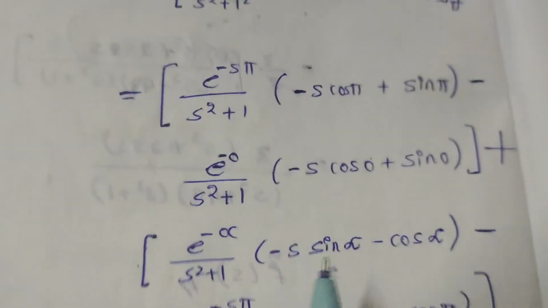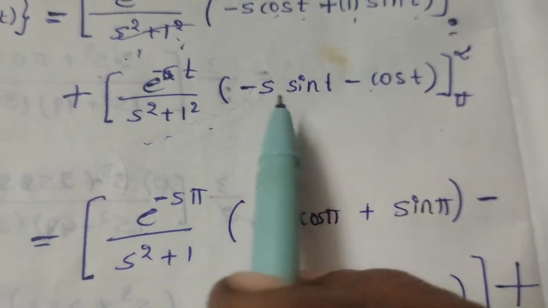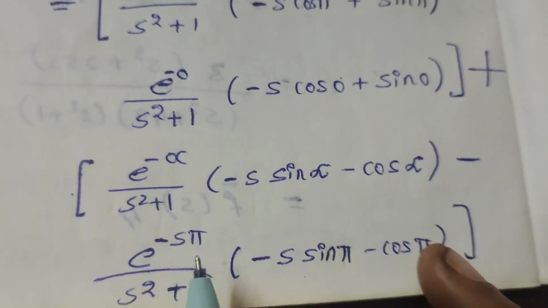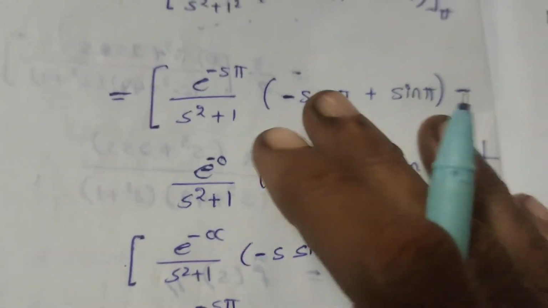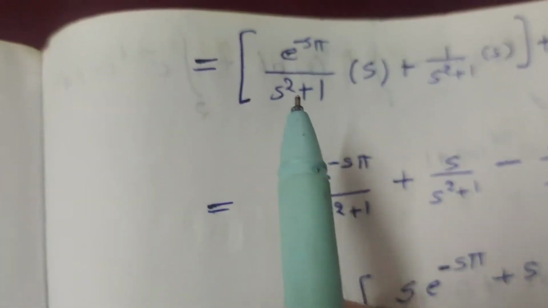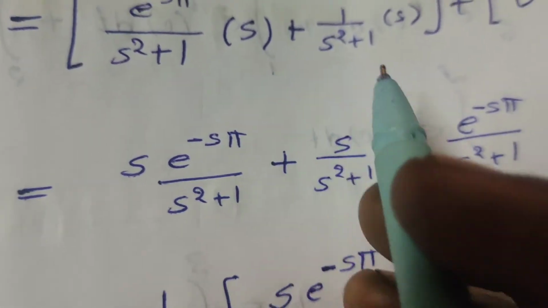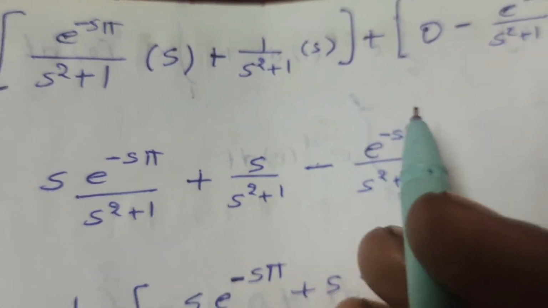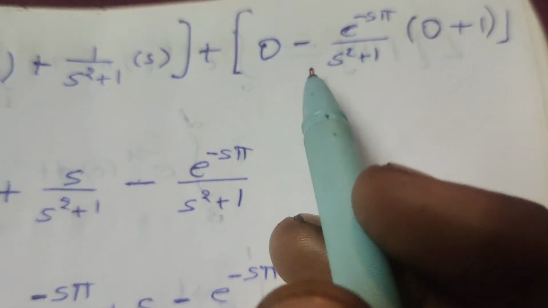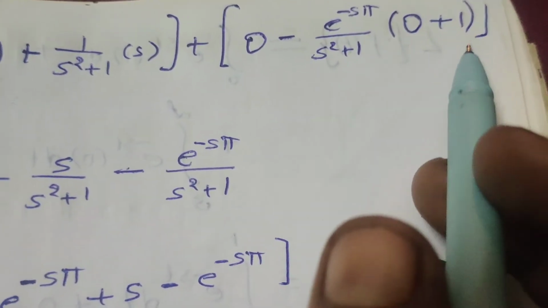In the same way for the second integral, first substitute the upper limit in place of t, then the lower limit pi. After simplification we get e^(-pi s)/(s² + 1) times (−s + 1) for the first part, and the second part similarly.